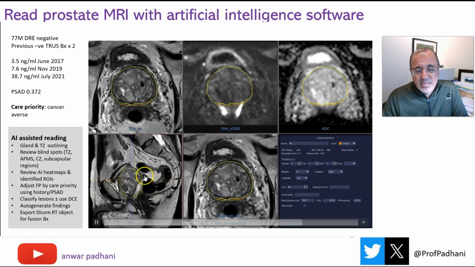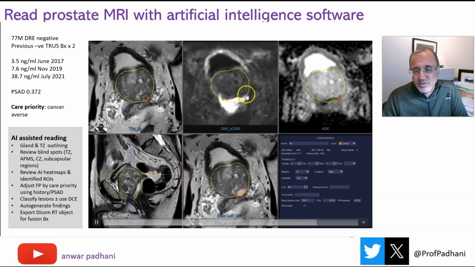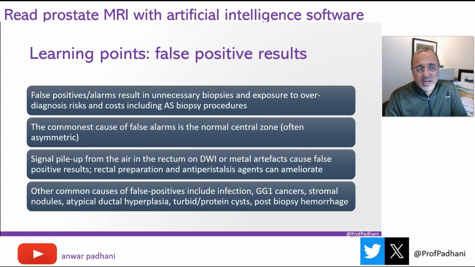And in fact, these two pieces of air result in this abnormal signal, which the AI identifies as being a lesion. Now clearly this is a false positive. The false positive caused by signal packing due to rectal air. Be very careful of that.